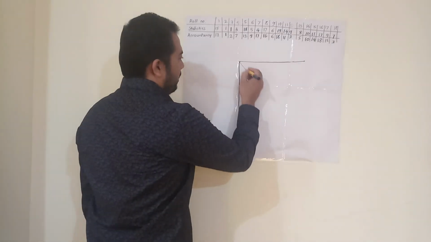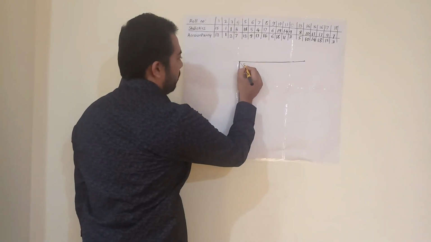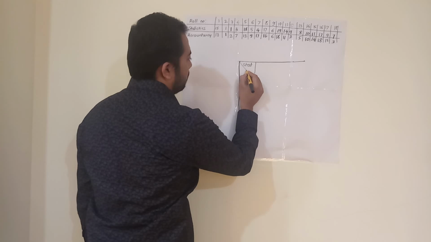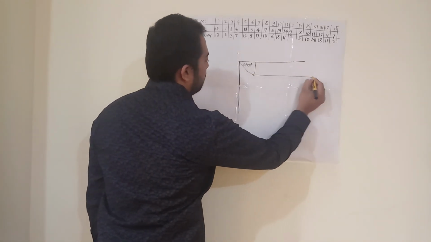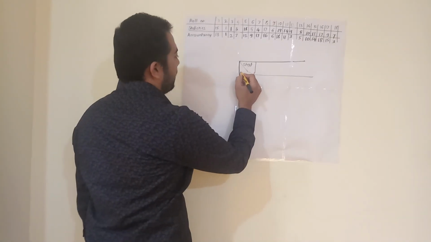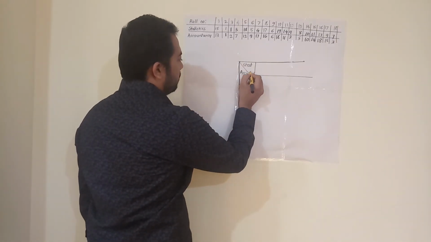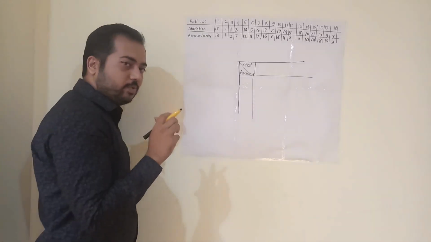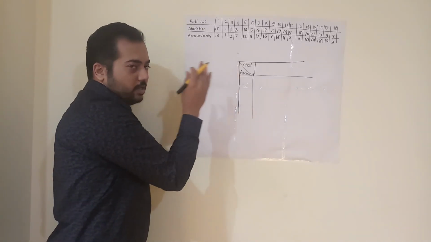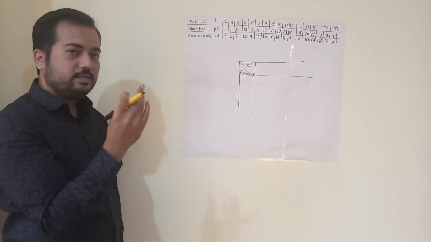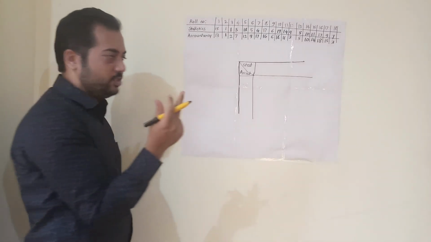Let me take statistics for all these column heads, and accountancy for these row heads. As we have spoken about the class range, my minimum is 1, maximum is 20, so we'll get class intervals of width 5 each.